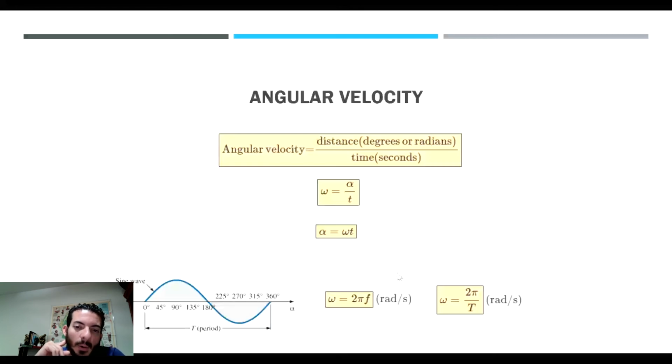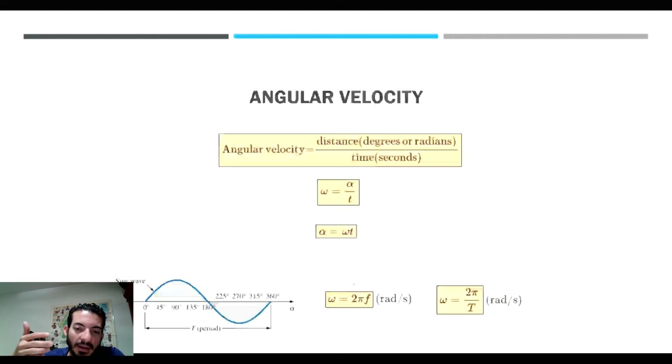So omega, you've seen this many times, can also be expressed as 2 pi times frequency. This has units of radians per second. And this 2 times pi times frequency should be pretty familiar because this is an input to the sine wave, which we'll see in a few minutes.